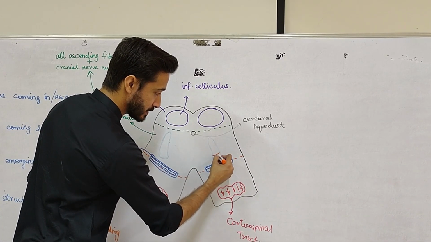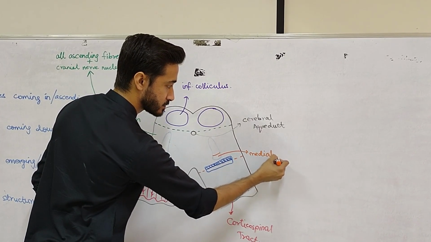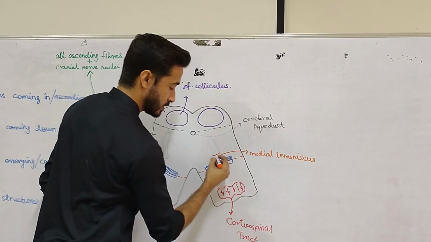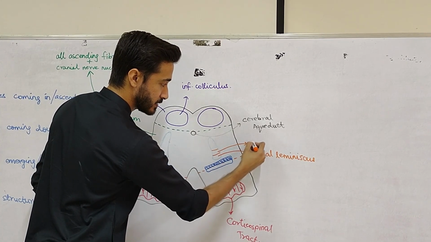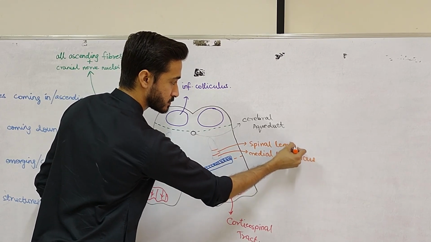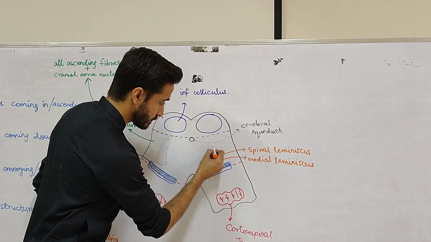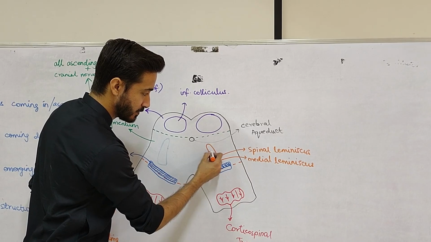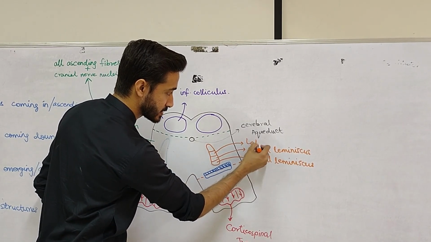The first part is going to be medial lemniscus. A bit dorsal to it, we would have the spinal lemniscus. So this part is going to be called the spinal lemniscus. Then we would have a tract that is known as the lateral lemniscus.